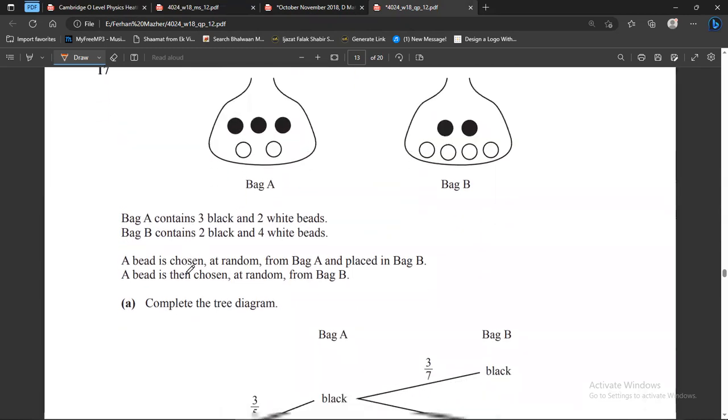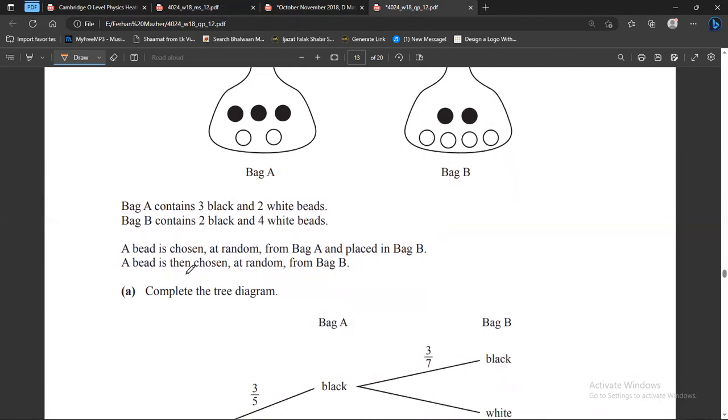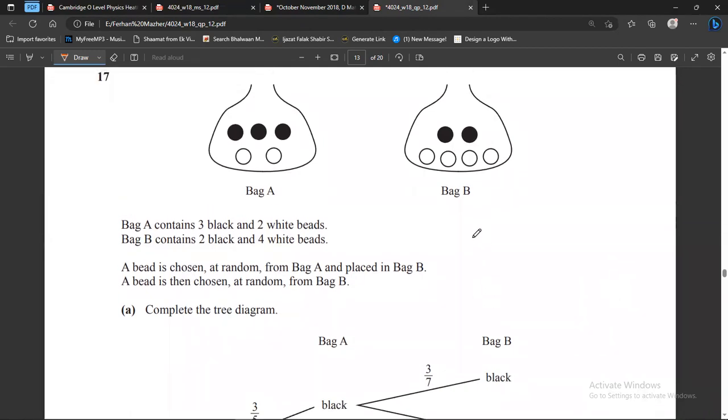So remember, here the black beads are basically 2 and the white beads are basically 4. Here the black beads are 3 and the white beads are 2.